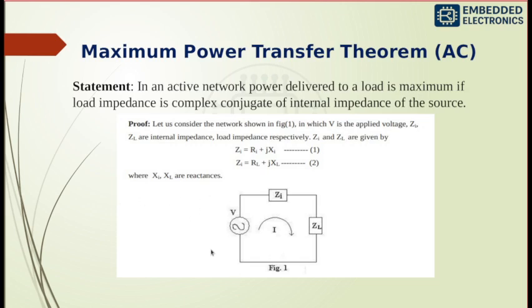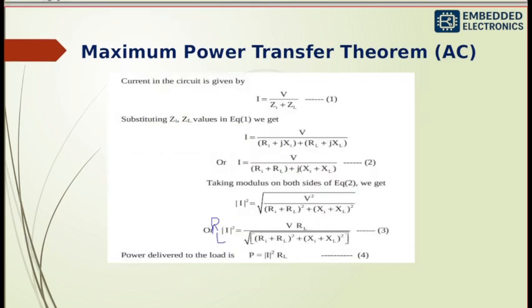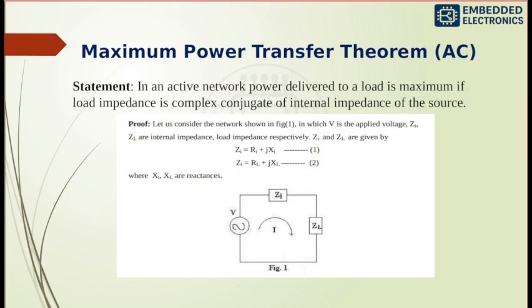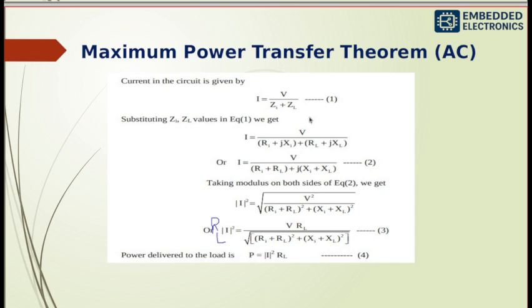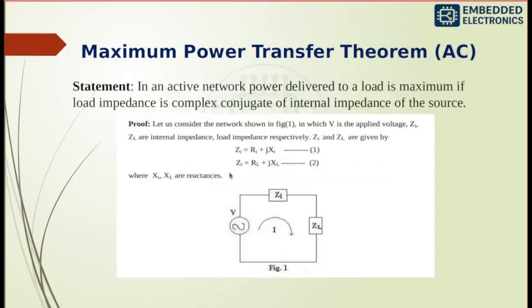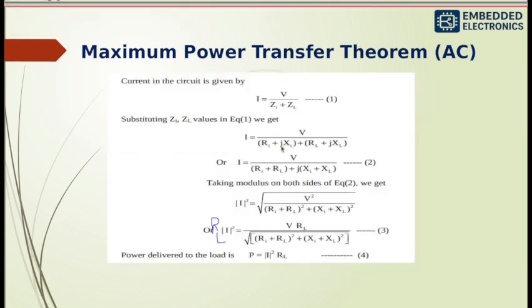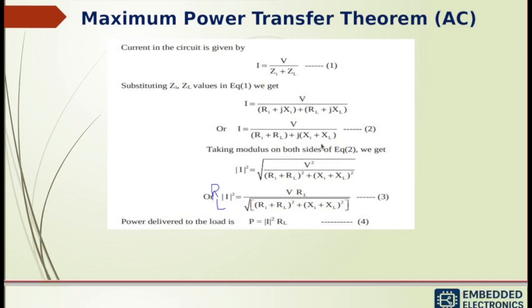Let's prove it. Consider the same circuit. From this circuit we know, right, I equals V by Z. Now we had this, so substitute it here, then it will become like this. Now taking the modulus on both sides, it will become I square, and here the square root of V square by (Ri plus RL) square plus (Xi plus XL) square.